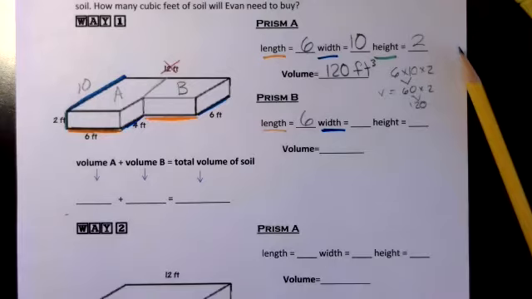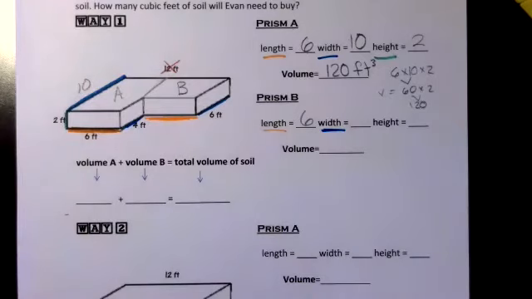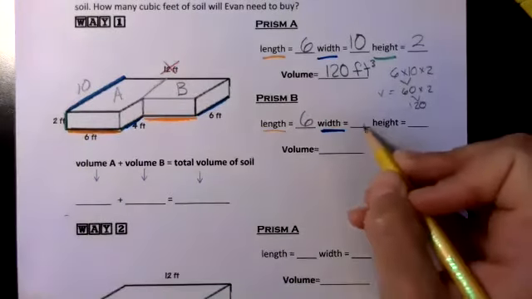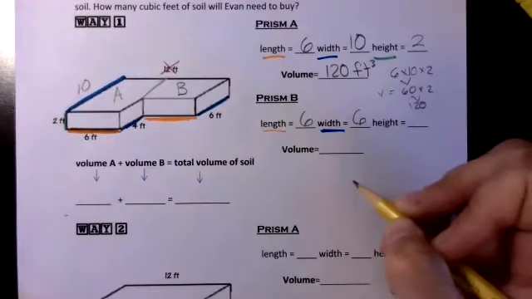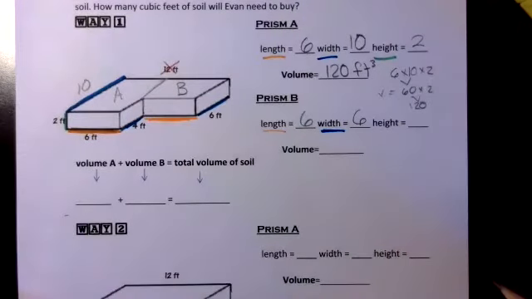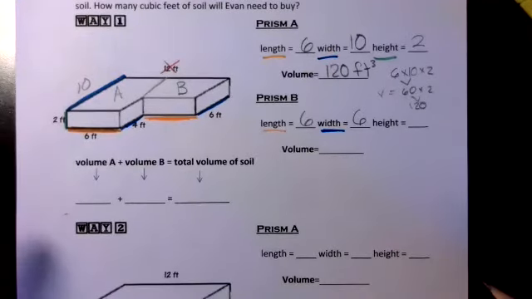What do you think? Go ahead, student 3. 6. Yeah, where'd you get the 6 from? It was a width line.